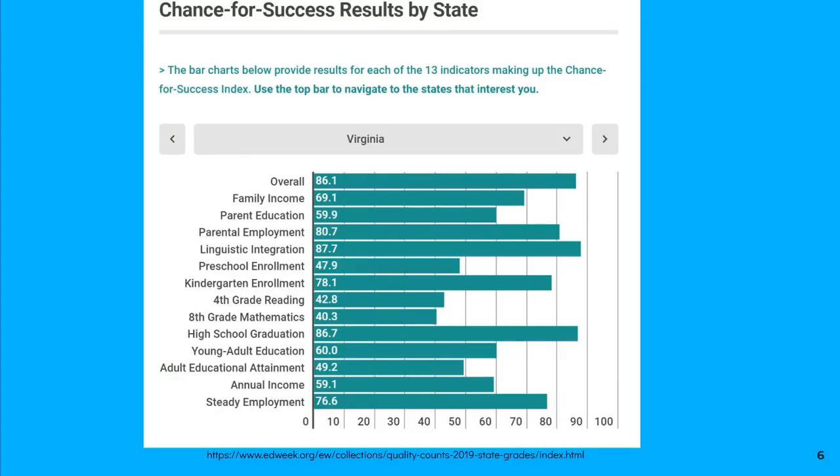The Education Week Research Center developed the Chance for Success Index to better understand the role that education plays in promoting positive outcomes across an individual's lifetime. Based on an original state-by-state analysis, this index combines information from 13 indicators that span a person's life. You can see those 13 indicators on the y-axis on the left.